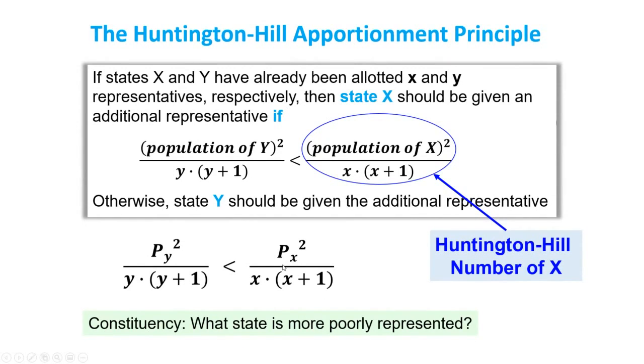Okay, returning to the mathematics. In the Huntington-Hill apportionment principle, we use so-called Huntington-Hill numbers for every state.